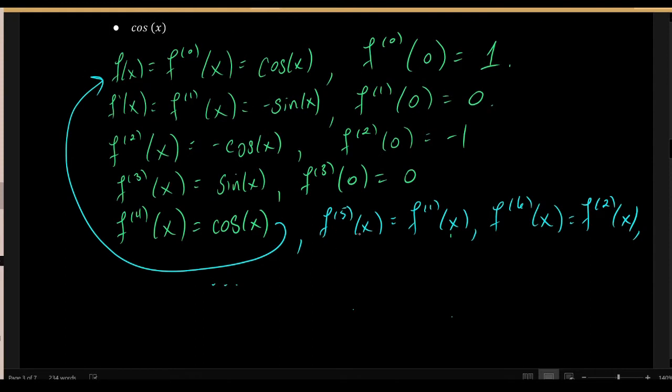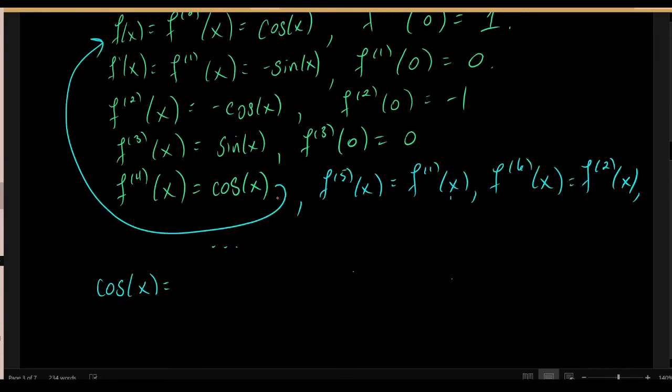So let's write out a couple of terms in this series, and let's see if we can express a general formula in sigma notation for this Taylor series for cosine. So the first term in the sequence is going to be equal to the 0th derivative divided by 0 factorial times x minus 0 to the power 0.